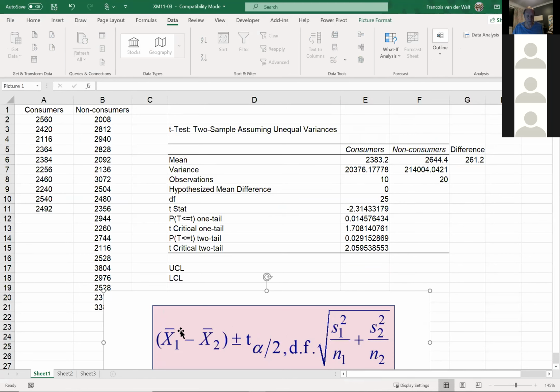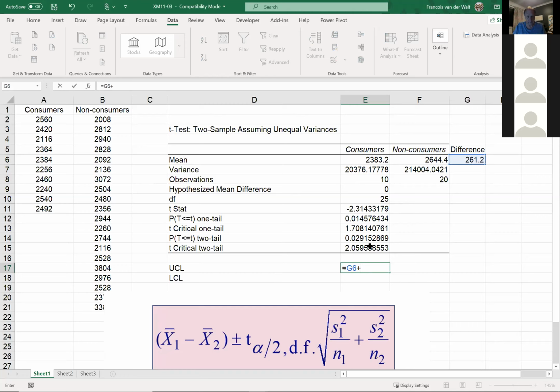Okay, so this x1 minus x2 is nothing other than this value here. Plus the critical 2 tail. That's what I don't understand. Okay, I'll try.